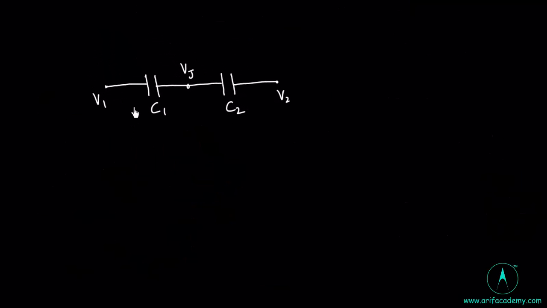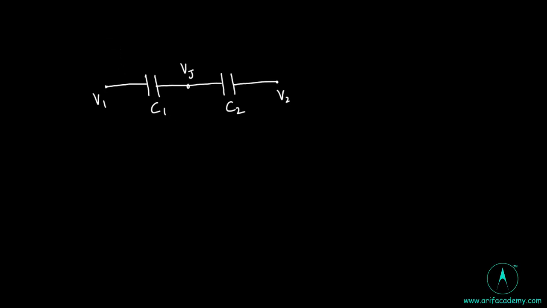In this question we have two capacitors in series, and their ends are at the potentials V1 and V2, and C1 and C2 are given, and we are asked the potential of the junction. Let the plates have plus Q and minus Q. So I can say Q1 charge goes this way, and Q2 charge goes this way.